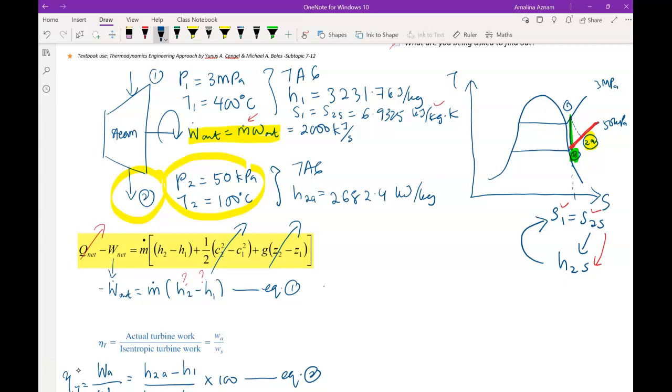You are going to read your H2S from table A6 where the pressure is 50 kilopascal.